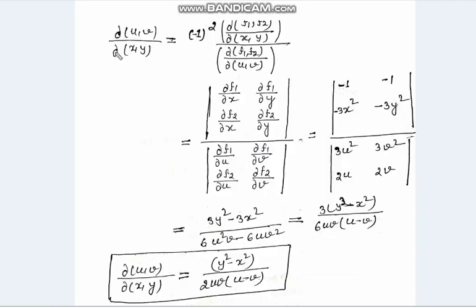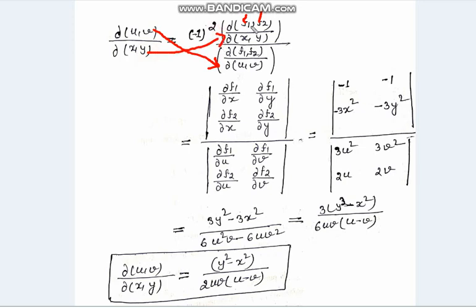Now we will use the formula for the Jacobian of u, v with respect to x, y when u, v, x, y are implicitly connected. This formula is equal to minus 1 to the power n. n is 2 because two equations are given. And Jacobian of f1, f2 with respect to x, y, whole upon Jacobian of f1, f2 with respect to u, v. So the numerator comes here and the denominator comes here.